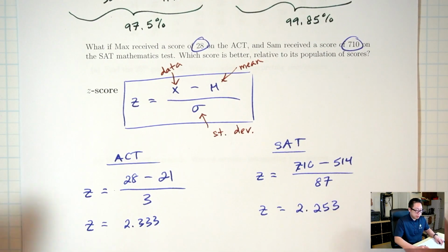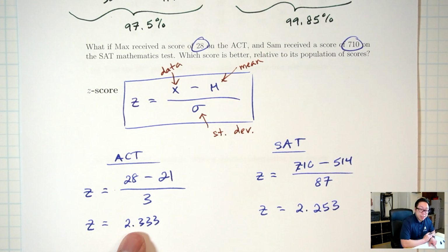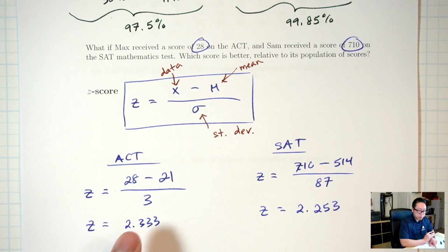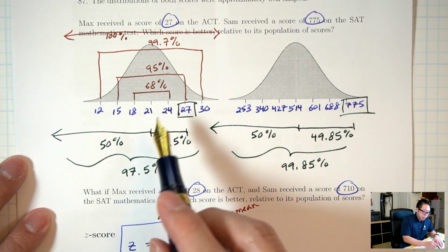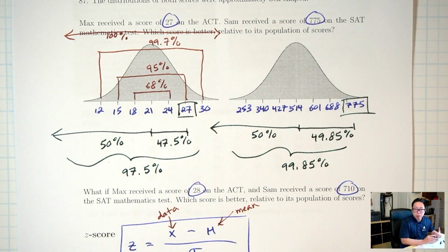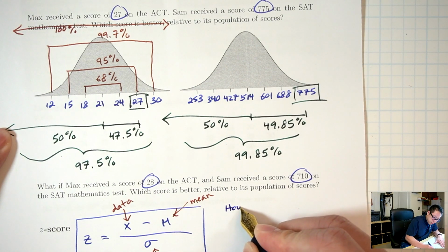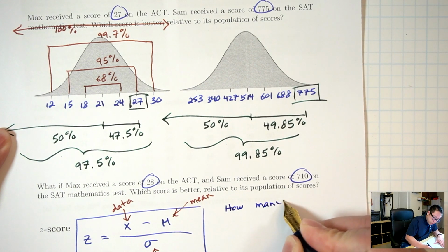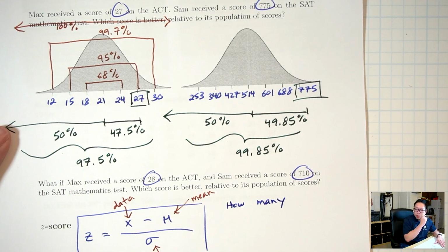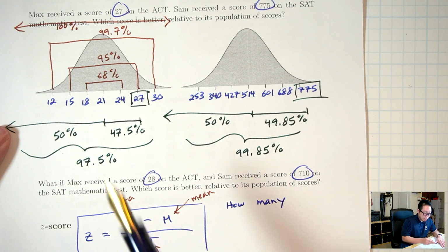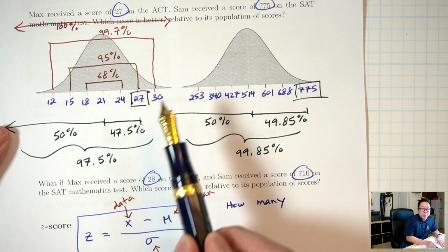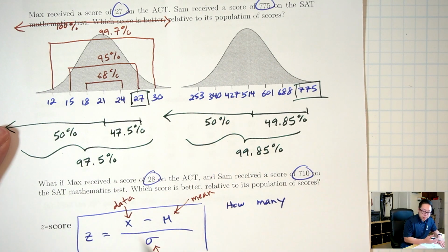What we just calculated is we're saying that it's exactly 2.333 steps above the mean. Okay, so the z-score tells you exactly how many steps you are above or below the mean. And let me be more specific here. When I say steps, it's how many standard deviations above or below the mean.